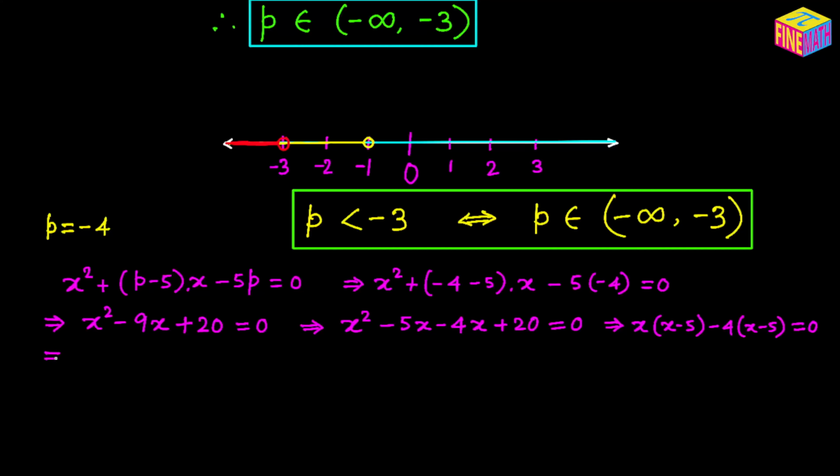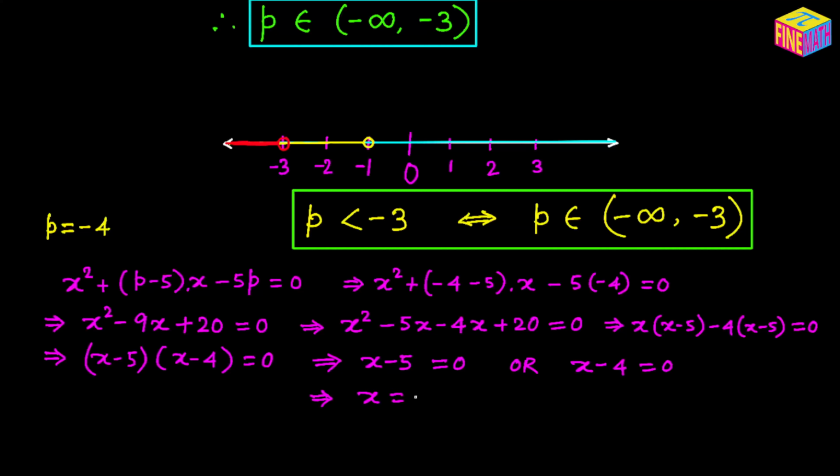We can clearly see that we have two factors: x minus 5 and x minus 4. So x minus 5 equals 0, or x minus 4 equals 0. That means x is going to be 5 or x is going to be 4.